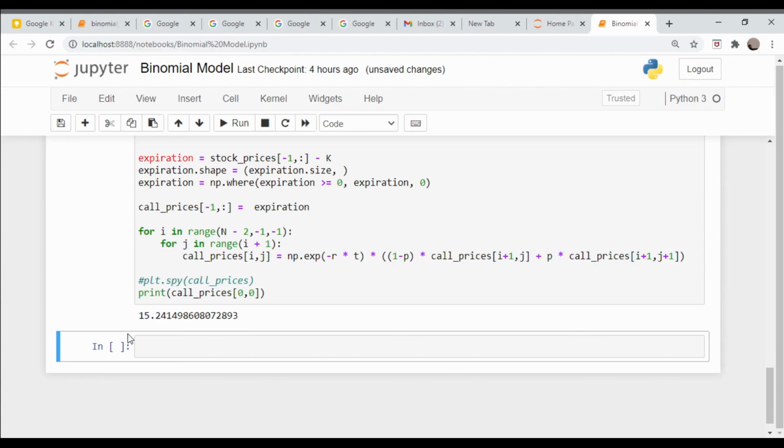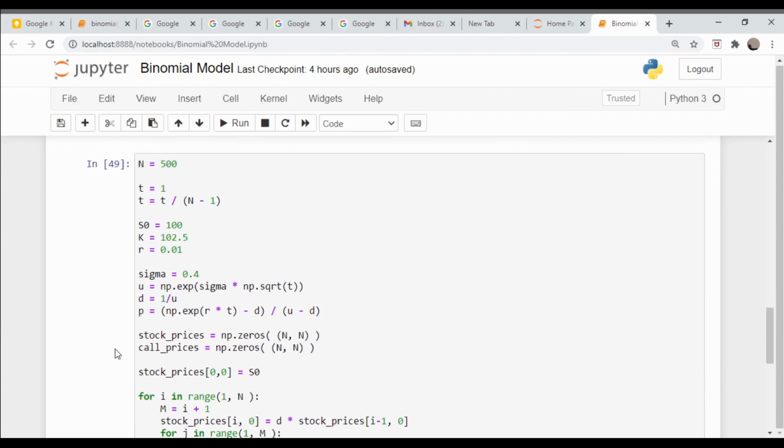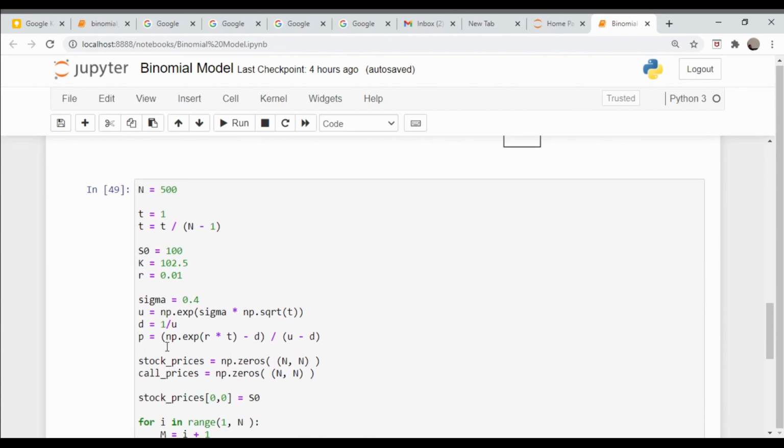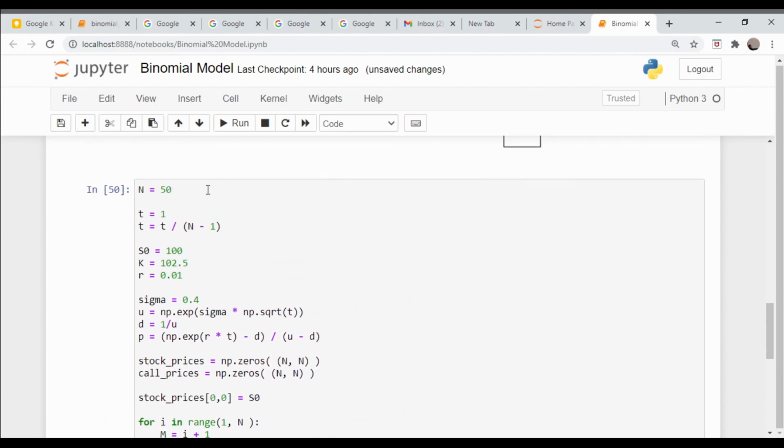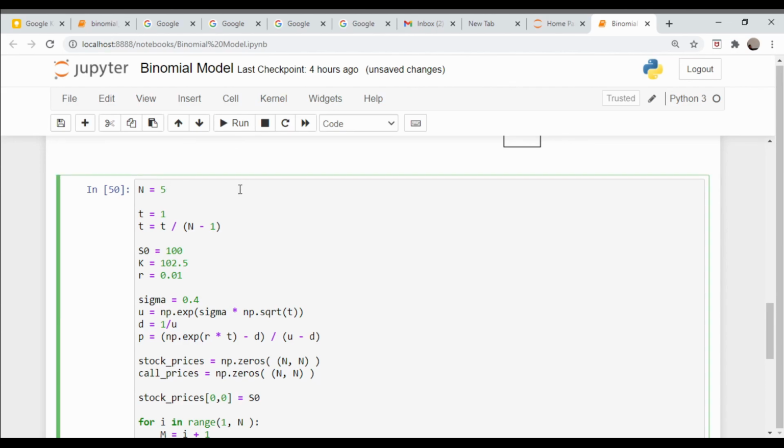We get 15 point something, so it's basically the same, and it converges pretty quickly. How about 51 nodes? 15.2, so it converges within not too many layers. So I'm going to set this back to 5, and that is about it.